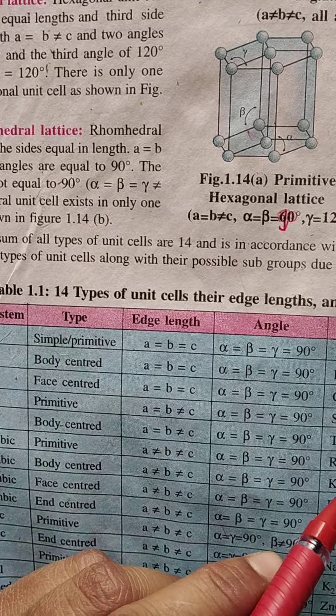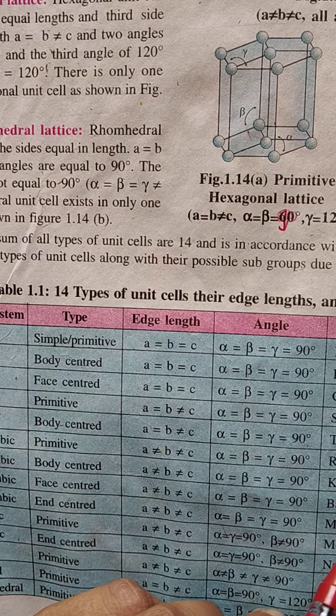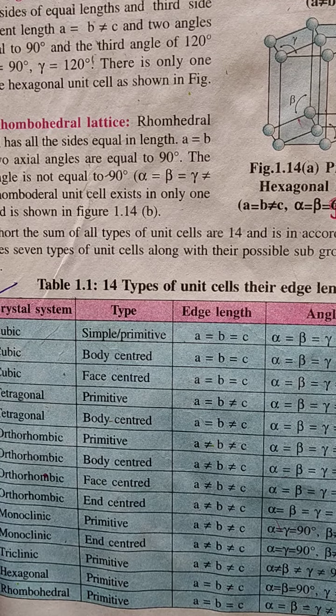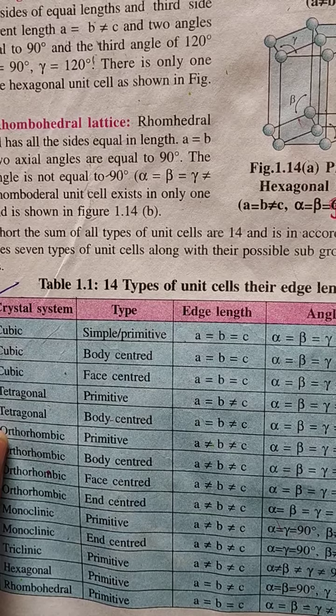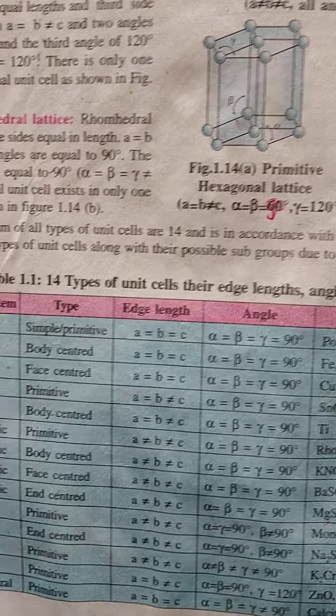Examples are rhombic sulfur, KNO3, BaSO4, MgSO4 and 7H2O.